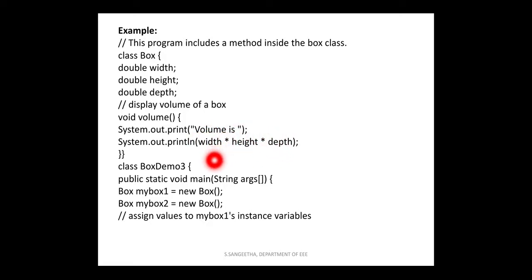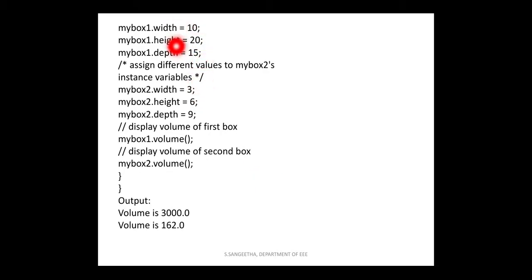So what is width into height into depth? 10 into 20 into 15, the value will be 3000. And for mybox2, the volume will be width into height into depth, which means 3 into 6 into 9, so the value will be 162. The two box values will be displayed in the output like Volume is 3000 and Volume is 162.